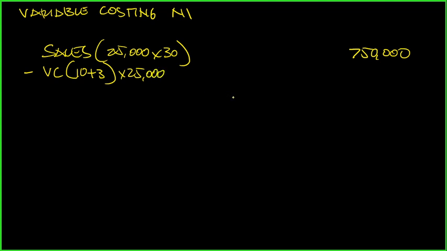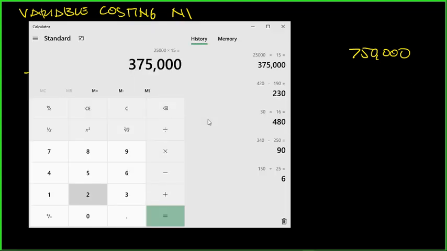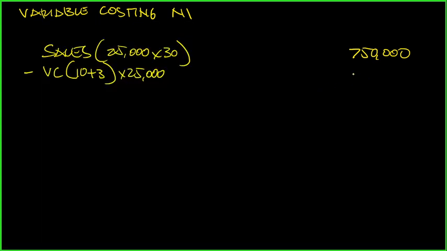Using the calculator, 13 times 25,000 equals 325,000.